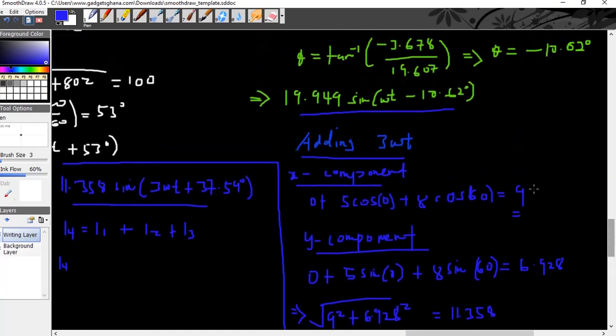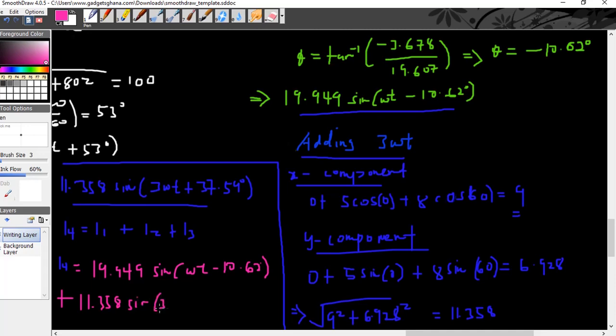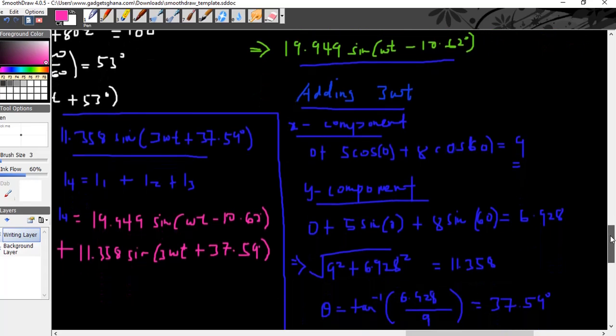Okay, so our total I4 will now be, let's start from here, 19.949 sine of WT, okay, minus 10.62 degrees plus 11.358 sine 3WT, okay, and then plus 37.59 degrees.